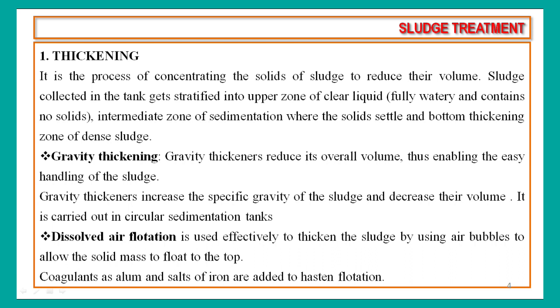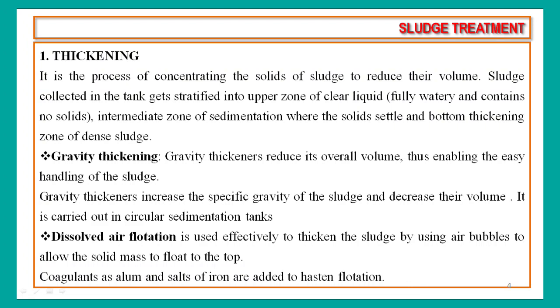The first process in sludge treatment is thickening. Thickening is the process of concentrating the solids present in the sludge and reducing the volume of the sludge. The sludge collected in the tank gets stratified into three layers.